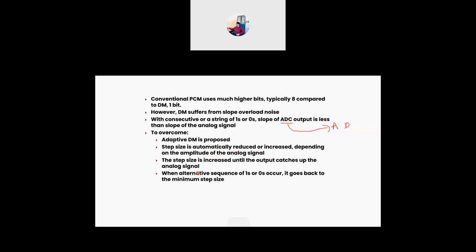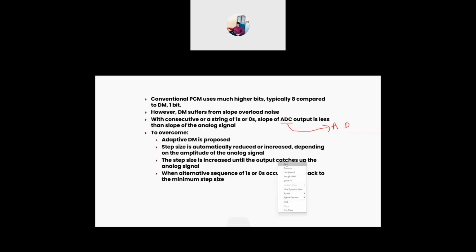The step size is increased until the output catches up to the analog signal. When an alternating sequence of 1s and 0s occurs, it goes back to the minimum step size. For example, if you have 0 0 0 0 0, there will be an adaptive mode where the step size is varied. But once it changes from 1 to 0 or 0 to 1, we go back to the minimum initial step size.